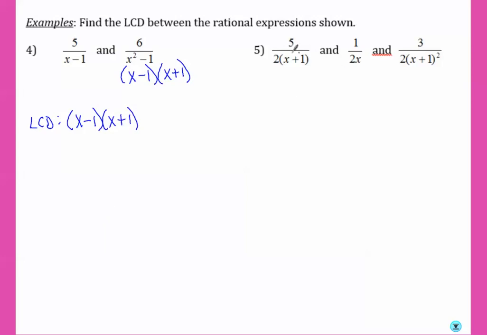In example number 5, the denominators are already factored, but just a reminder, this means 2 times x, and this means 2 times x plus 1 times x plus 1. So, since they all have a 2, we know that needs to be in our LCD. This first one also wants there to be an x plus 1, which takes care of that x plus 1.